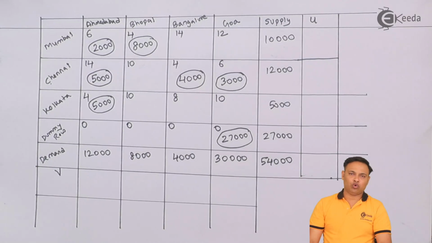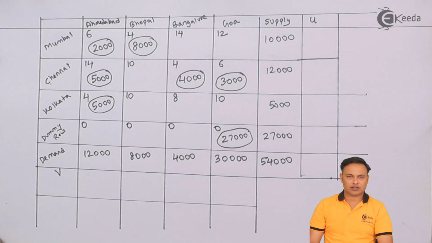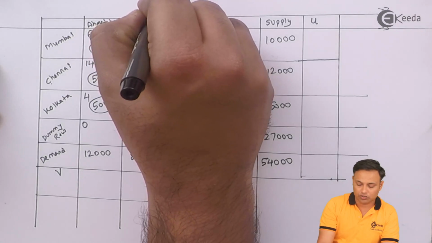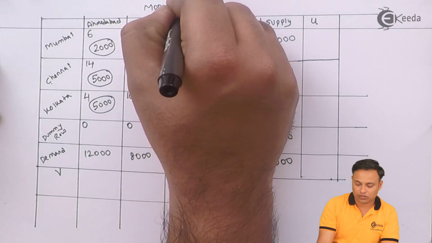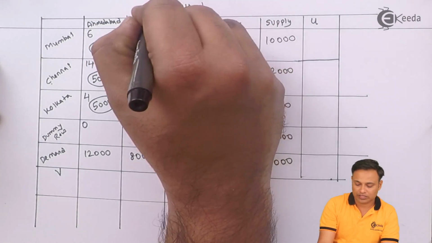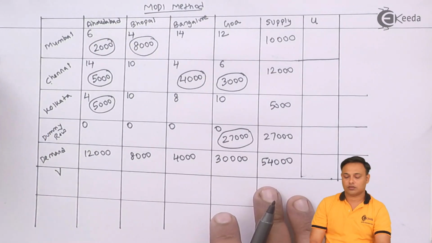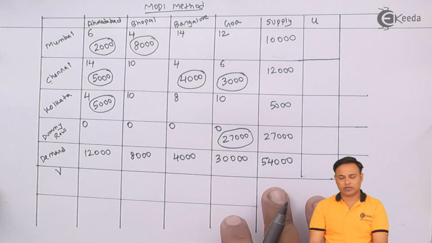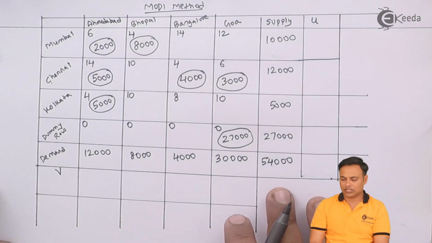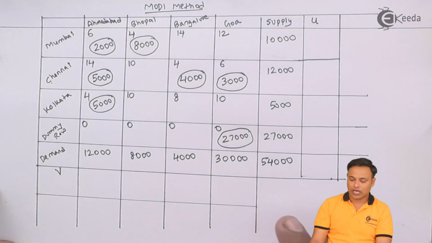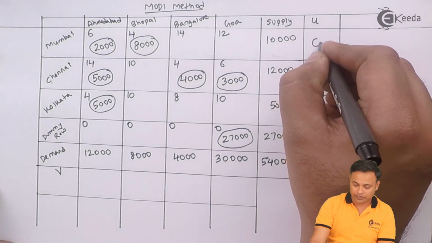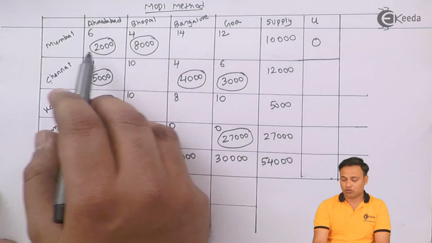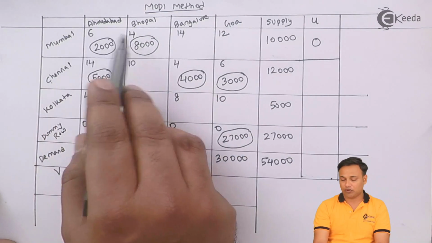Let's calculate U and V. We are trying to solve this problem to get the optimal solution. So we have the Modi method here. How to calculate U and V? As we have done it earlier, we are going to use only the occupied cells. So I'll introduce a 0 first in the first row against U. In the first row there are two occupied cells, 6 and 4.